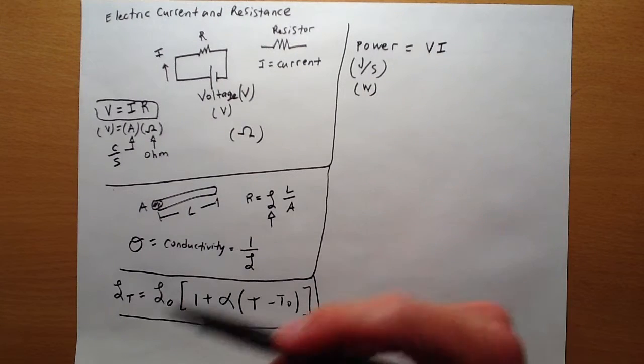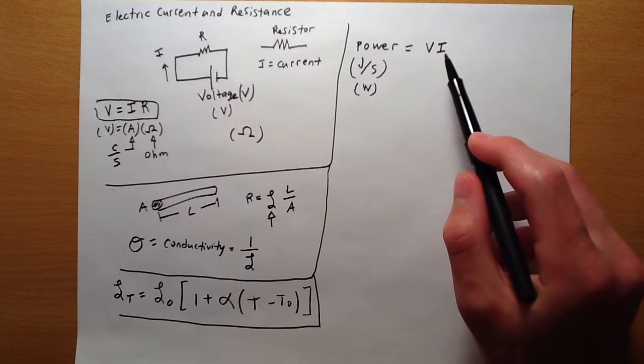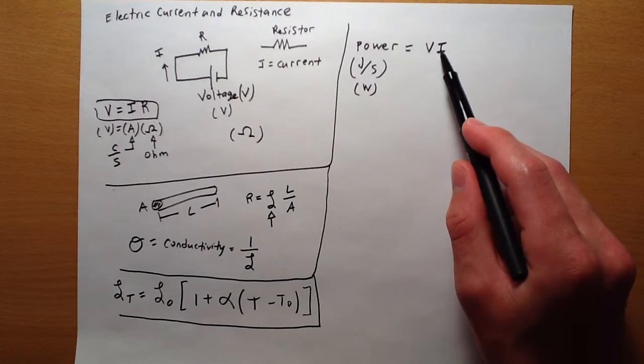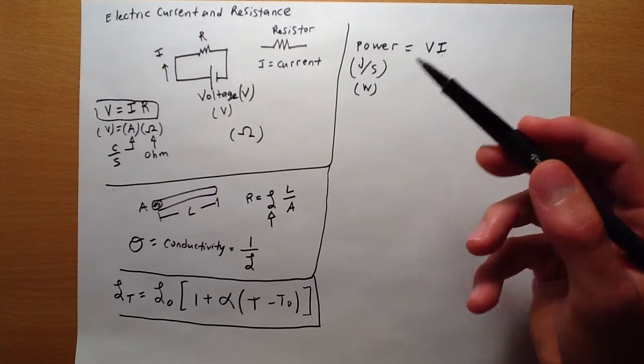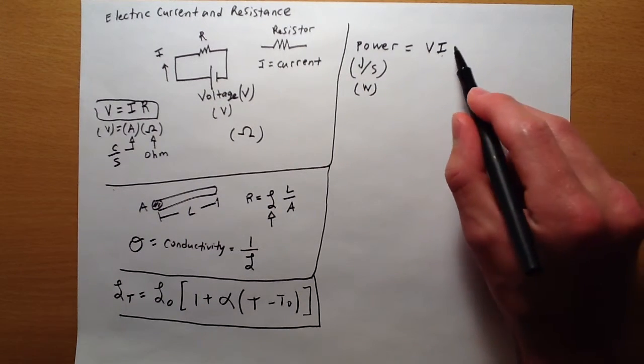And this makes sense because power is like a force applied over a distance in a certain amount of time, because it's energy per second. So it's like the push times how far it's pushed in a certain amount of time.